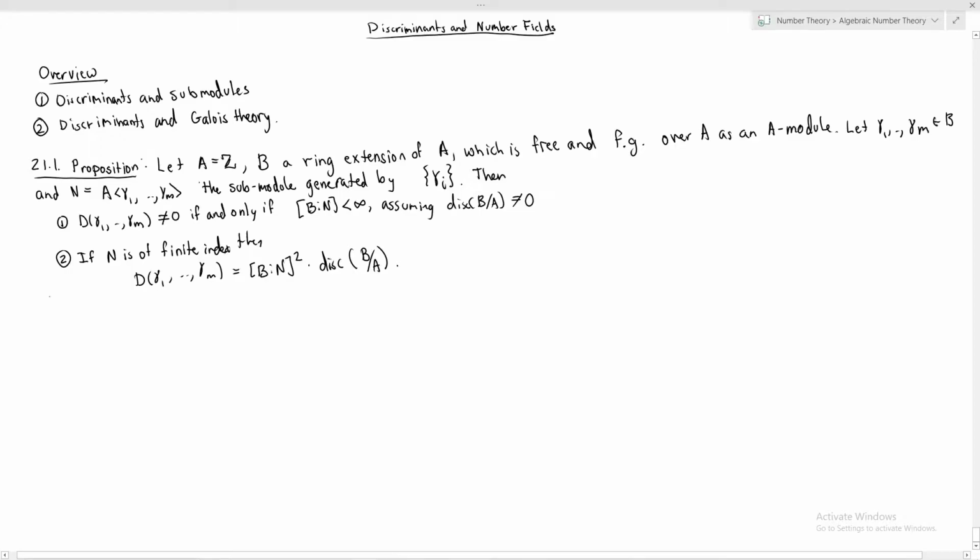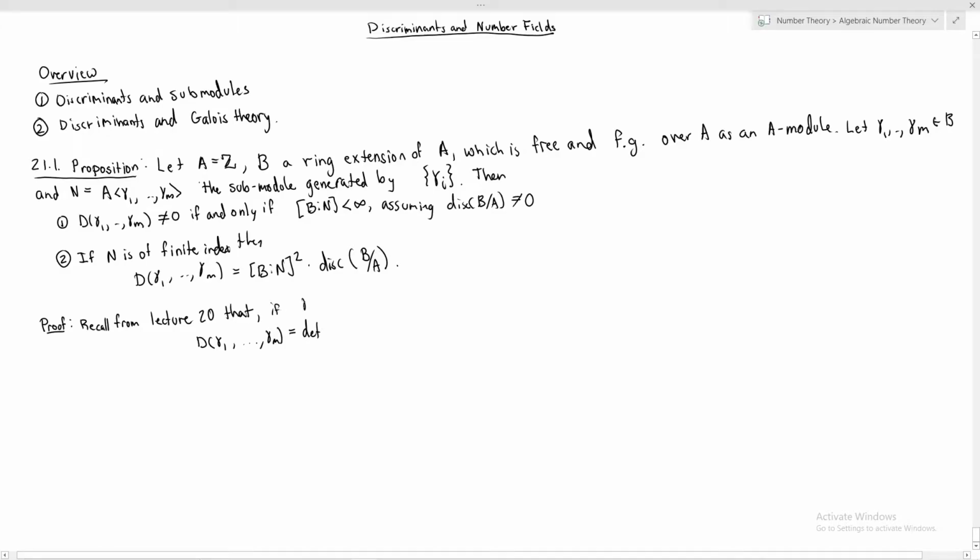Okay, so there are really two things we need to prove here, and the key is basically the following. Recall from lecture 20 that we have the following formula for the discriminant of the gammas. The discriminant of these guys is equal to the determinant of the change of basis matrix.